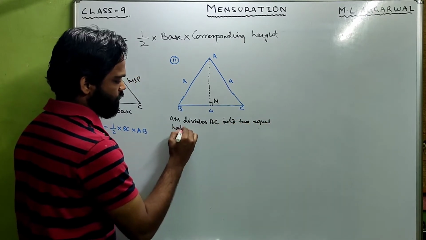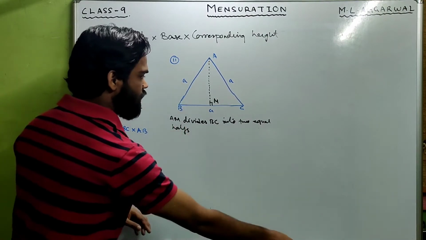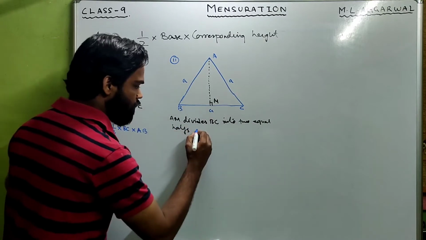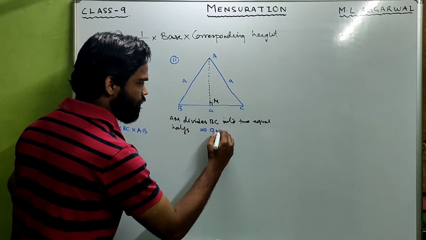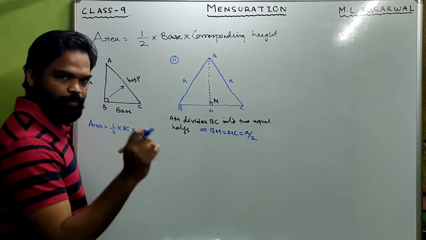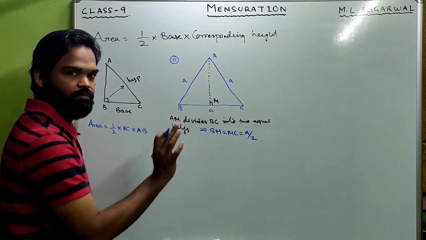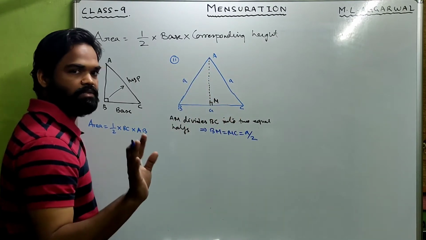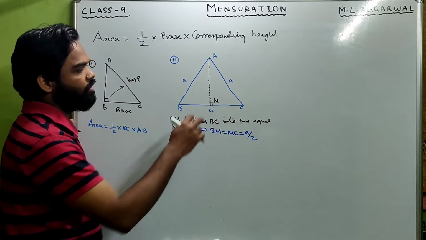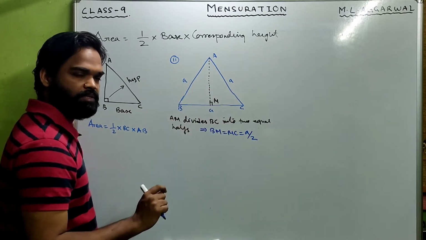isn't it? Which means BM will be equal to MC, which will be equal to A by 2. The perpendicular dropped from the vertex on the base in an equilateral triangle always bisects the base, okay? Or you can prove by congruency that BM equals MC.